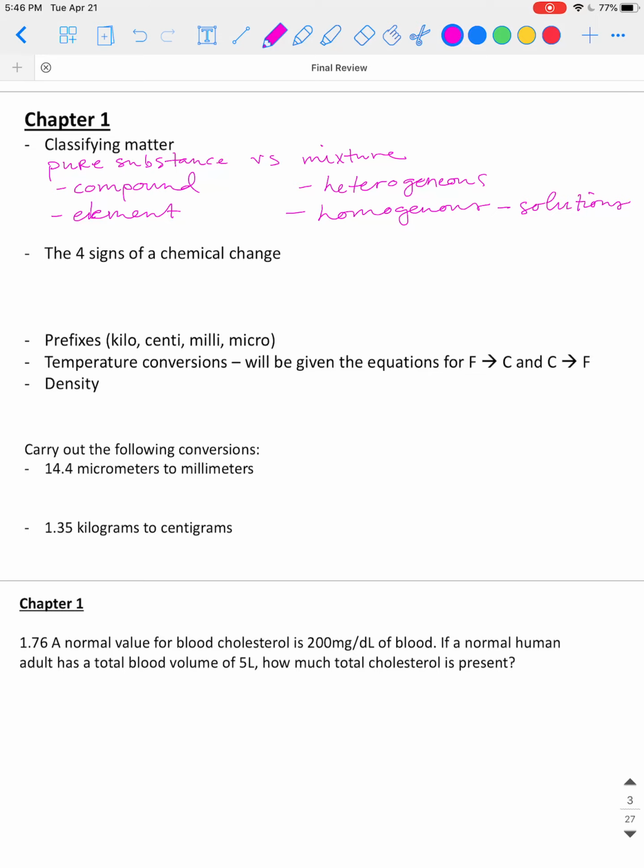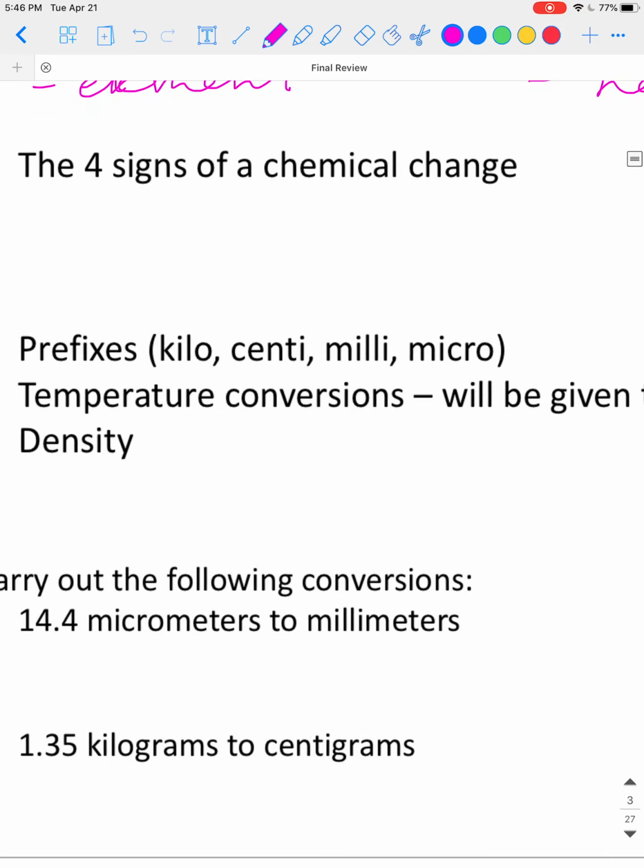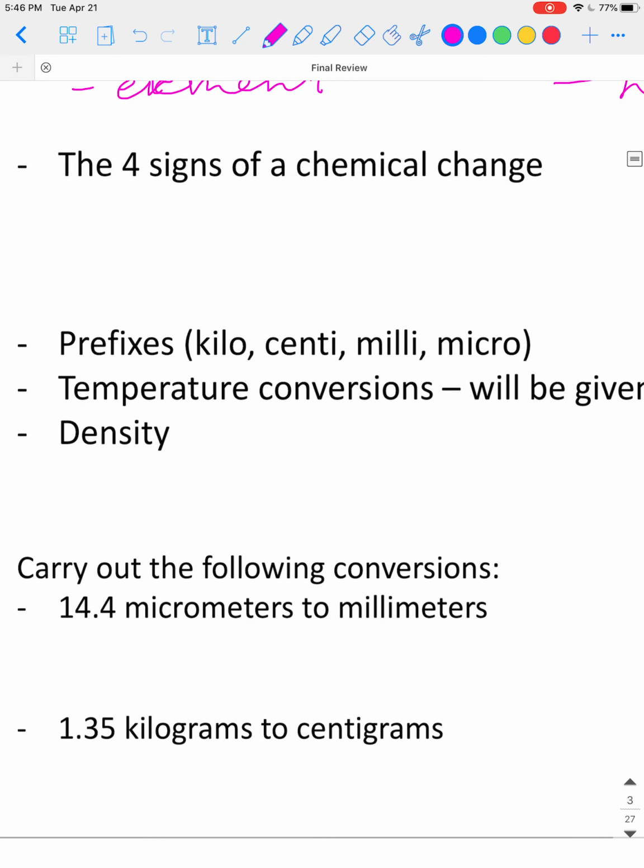Four signs of a chemical change. That was another important topic that we learned from chapter 1. Let's go ahead and list those. I'm going to zoom in so that I write kind of small because I don't have a lot of space on these slides.